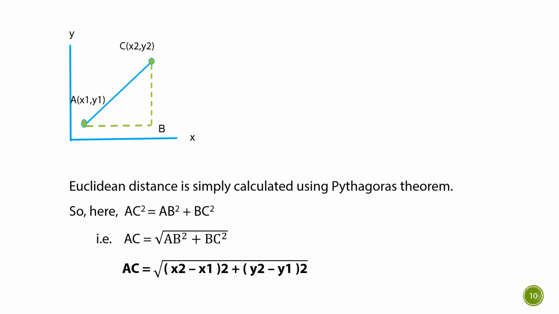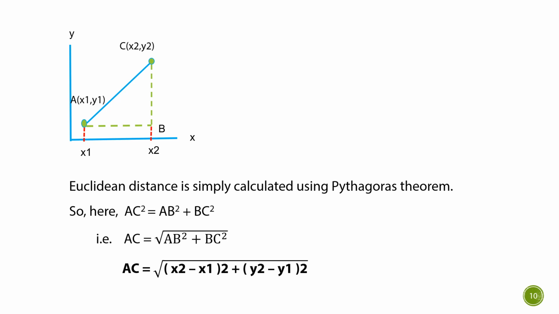Now, we will find out what AB is and what BC is. In this given diagram, if we project the points A and B on the x-axis, then we will get 2 points on the x-axis, that is x1 and x2. So, we can find AB as x2 minus x1.